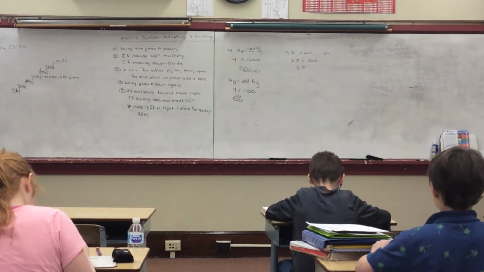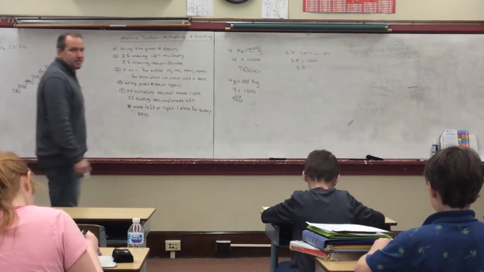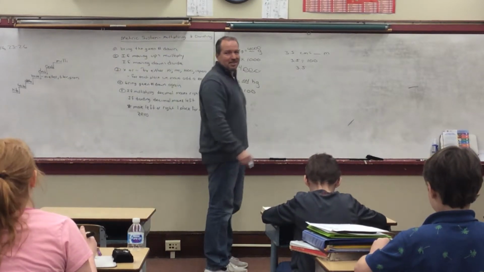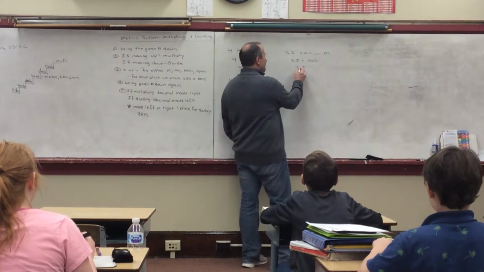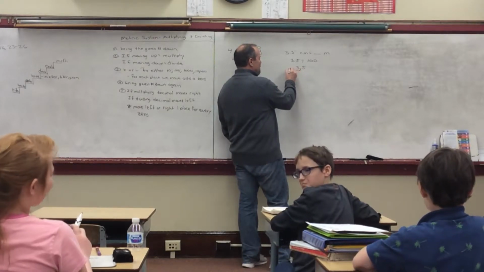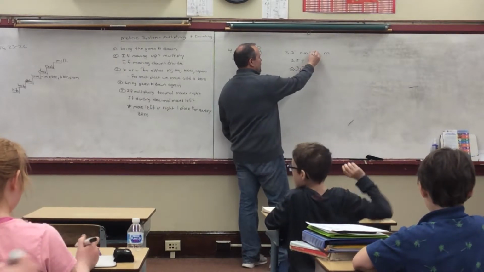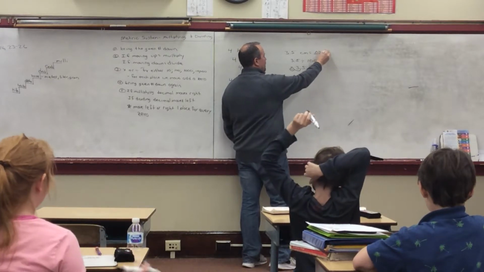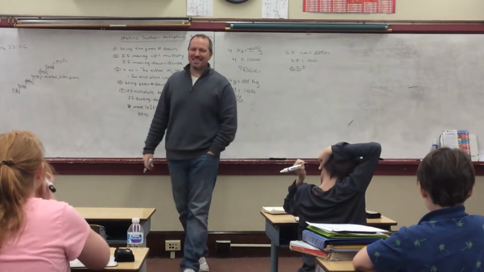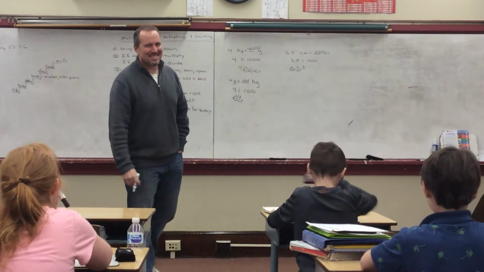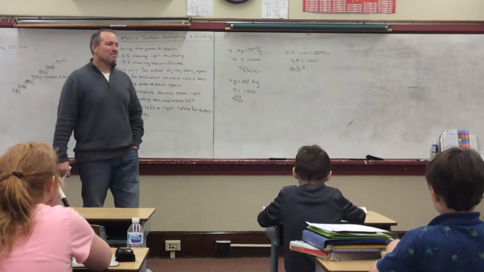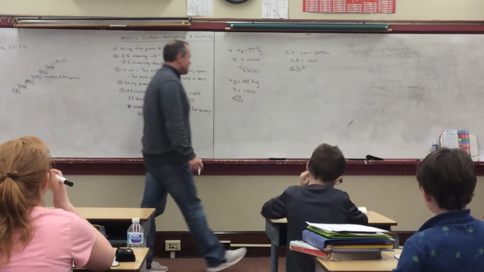And since we're dividing, we're going to move it which way, Alyssa? We're going to go to the left. One place for each zero, so we're going to move it 2 places. And your answer would be .035. Okay, let's do another one.